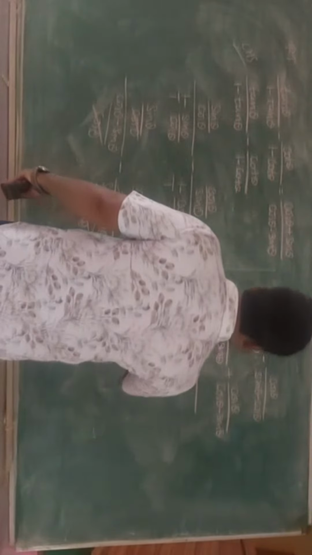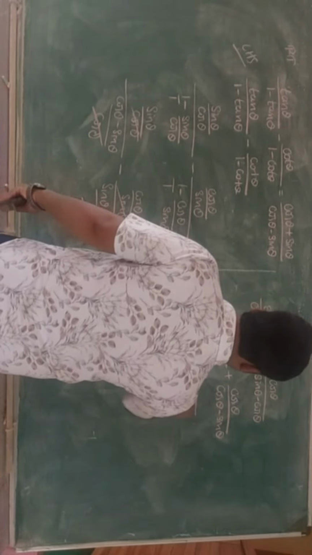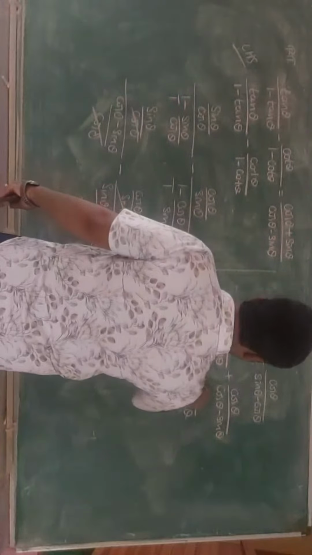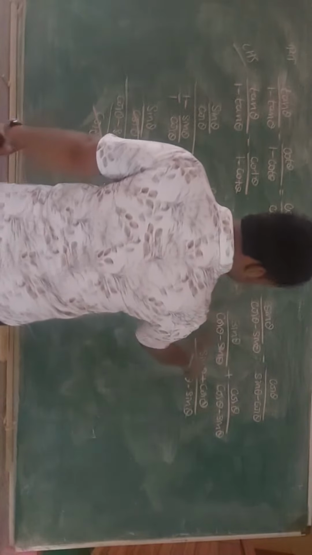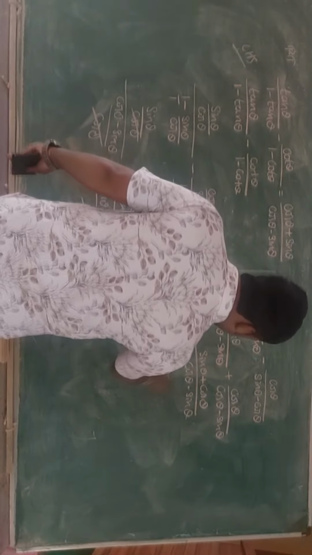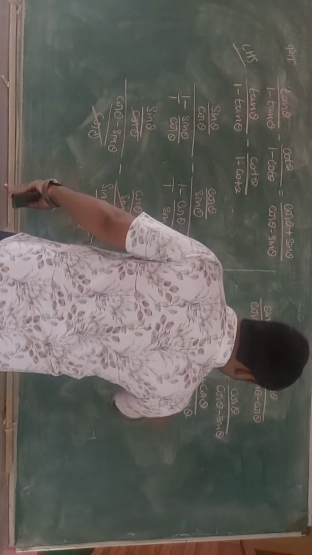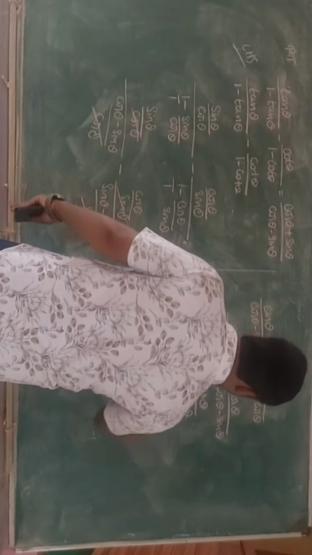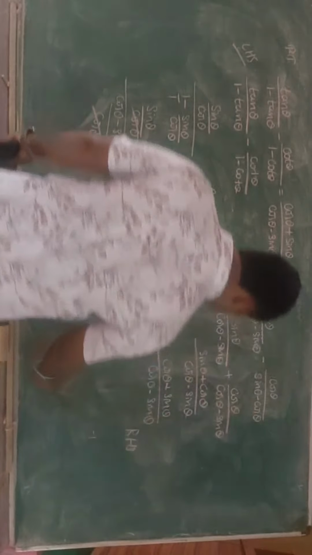So LCM is cos theta minus sin theta. No need to multiply any extra terms. So directly we can write sin theta plus cos theta. If you rearrange this numerator, you will get cos theta plus sin theta divided by cos theta minus sin theta. So this is your RHS, hence the proof. Okay.